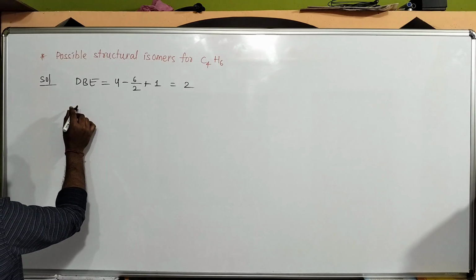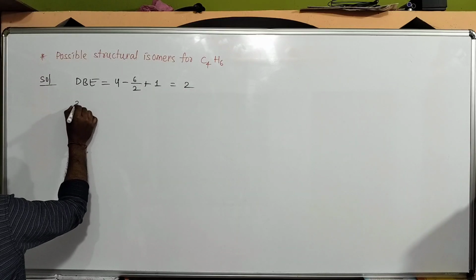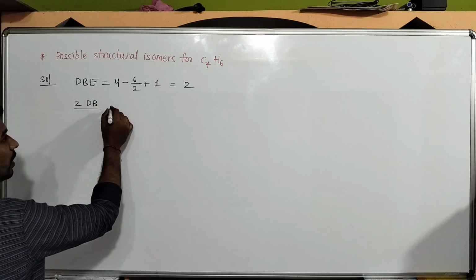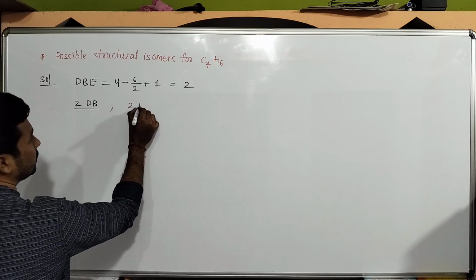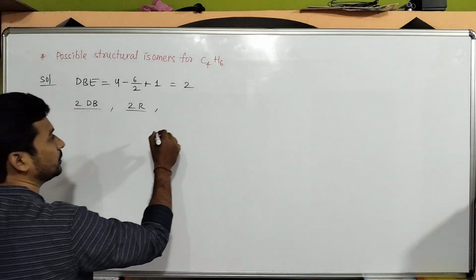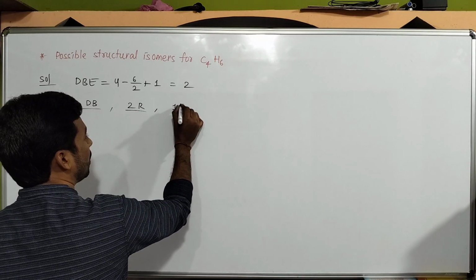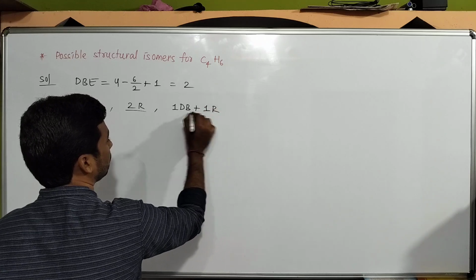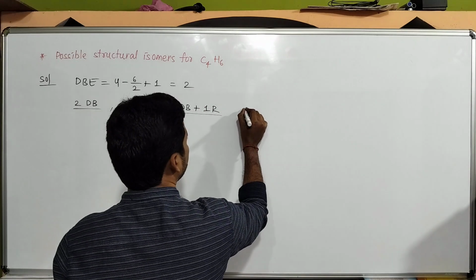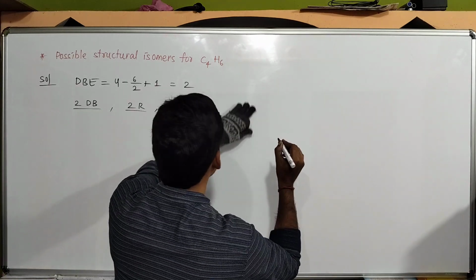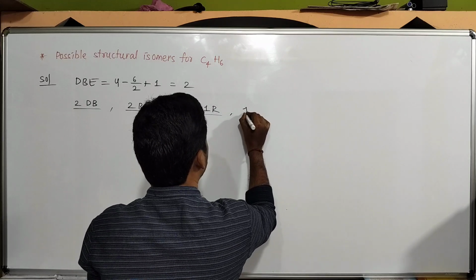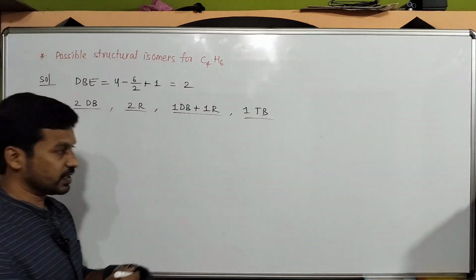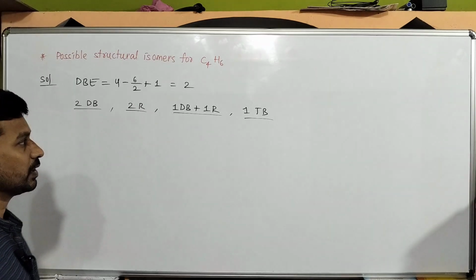Double bond equivalence 2 means there may be 2 double bonds possible with that molecular formula, or 2 rings are possible, or 1 double bond plus 1 ring possible, or 1 triple bond is possible. 2 double bonds is equal to 1 triple bond.